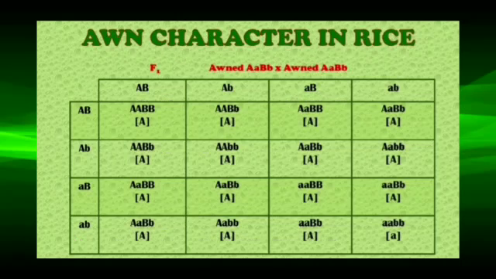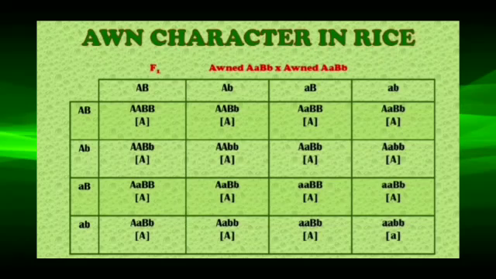Development of awn in rice is controlled by two dominant duplicate genes, either capital A or capital B. Presence of any of these two alleles can produce awn. The awnless condition develops only when both these genes are in homozygous recessive state.